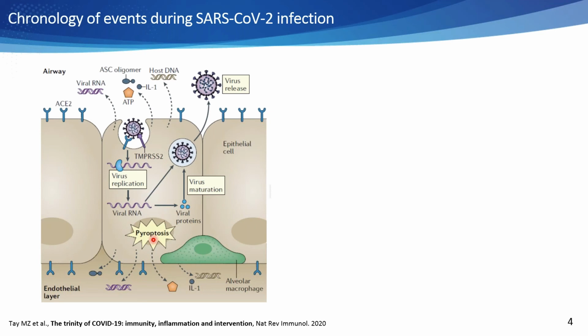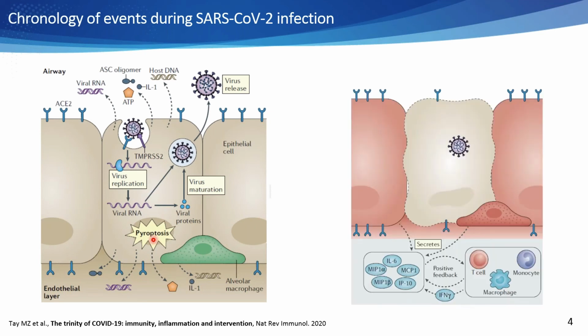But also, as a consequence, in the cells there is a phenomenon which occurs, known as pyroptosis, which induces, for example, some cytokines such as IL-6, MCP1, IP10. The role of these cytokines is to attract immune cells, such as T cells, monocytes, and macrophages, in order to protect the cells from foreign or danger signals.